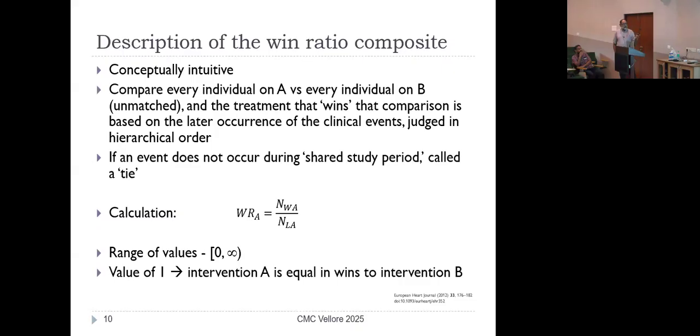And if the value is 1, then they're equal in wins between intervention A and B. This was proposed in 2012 by Stuart Pocock from the UK, and it's recently been getting some traction.